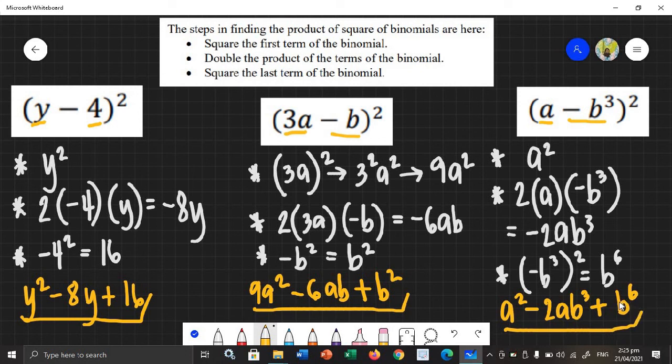And this will be our answer for example number 6. Pang 6 na to, diba? So we have a raised to the second power minus 2ab to the third plus b to the 6th power. So that's it. That is how you find the product of square of binomials.